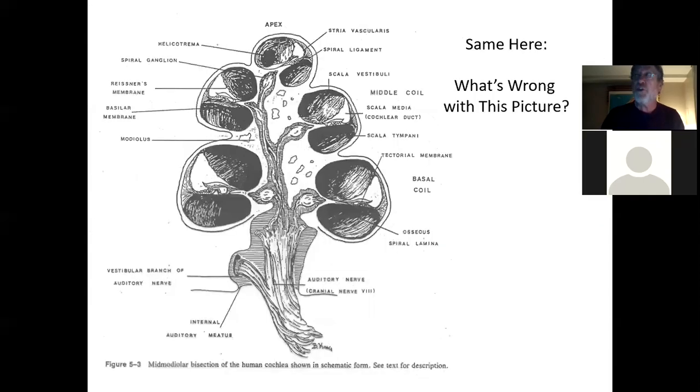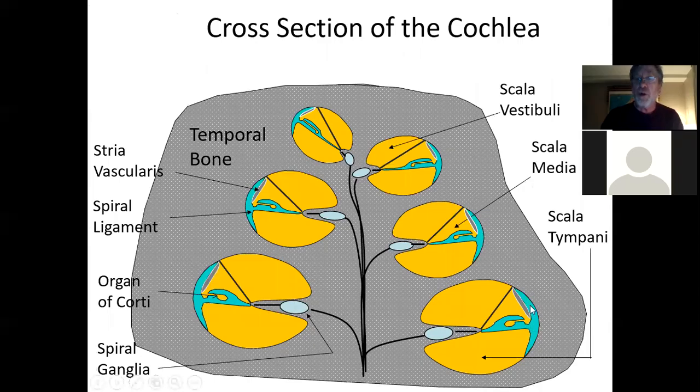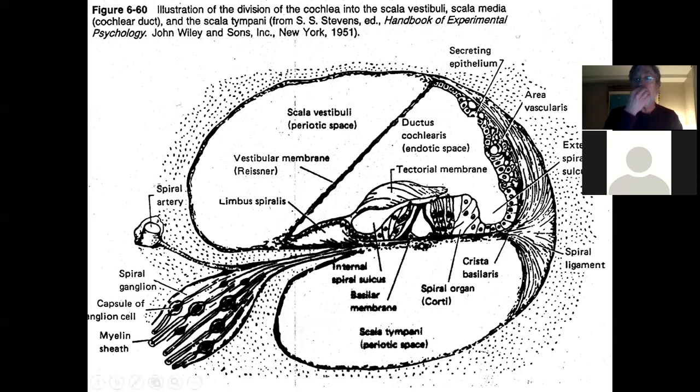So here's a close-up of one coil. We're taking one coil of the cochlea right here, and we're making it bigger. Here it is. Scala vestibuli, perilymph, Reissner's membrane, scala media, endolymph.